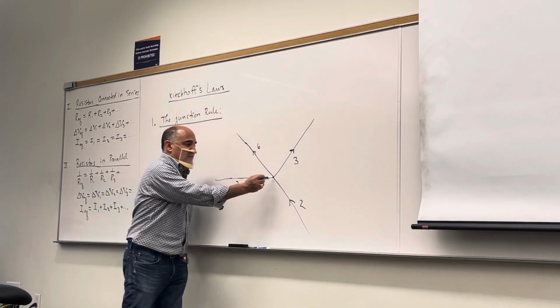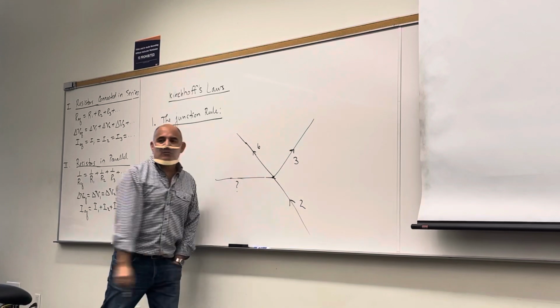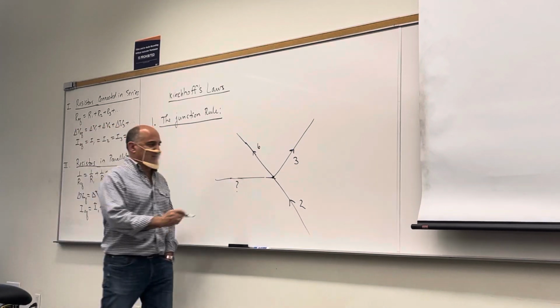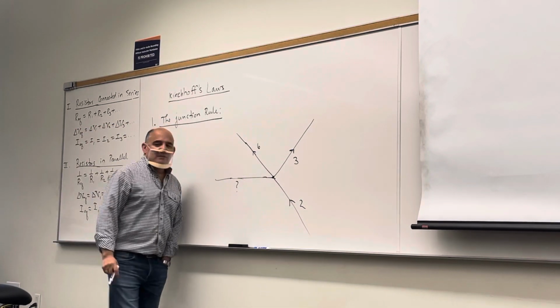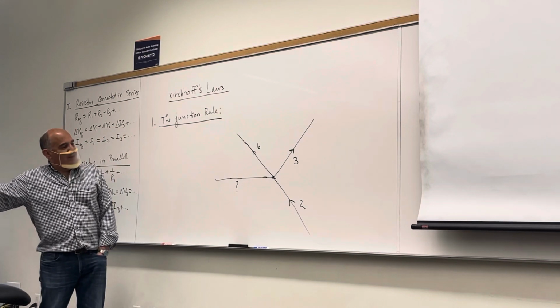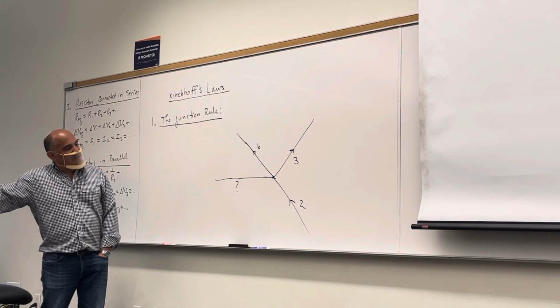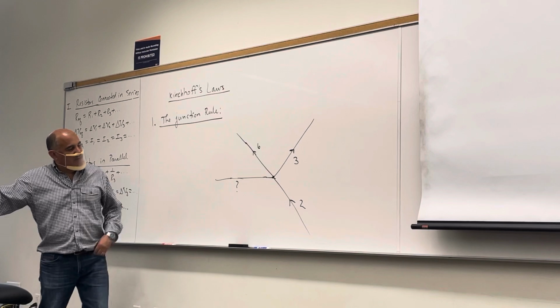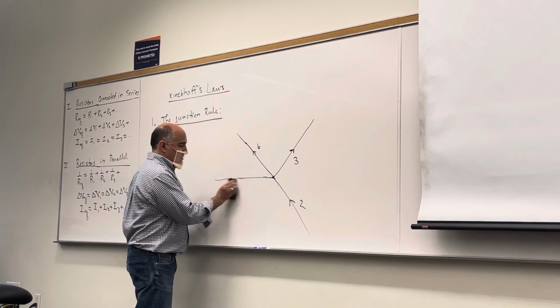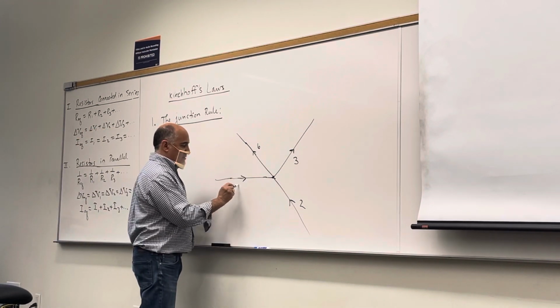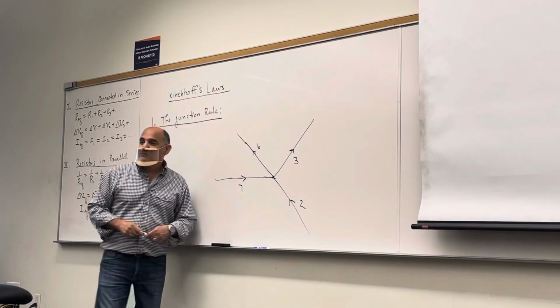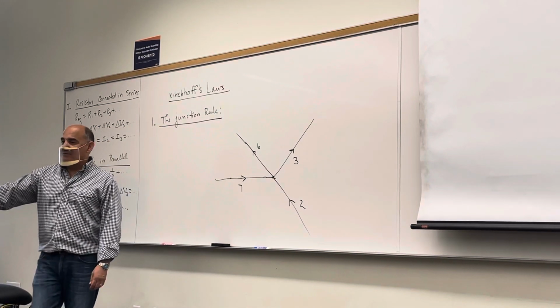This is the junction, right? You got 1, 2, 3, 4 wires connecting, so currents can split. So what should we have? 7 what? 7 driving in. Okay. Yes.